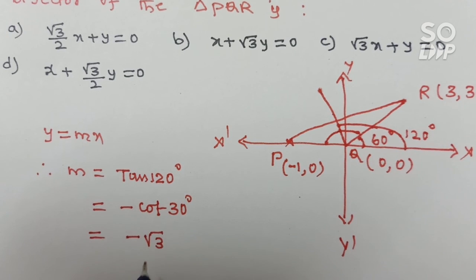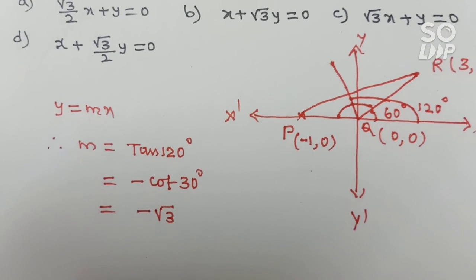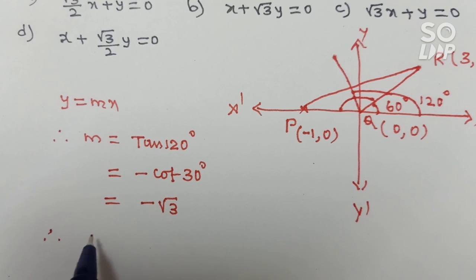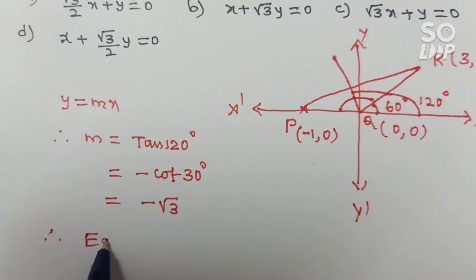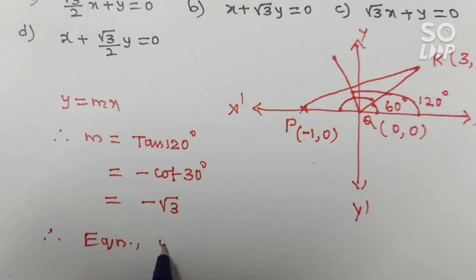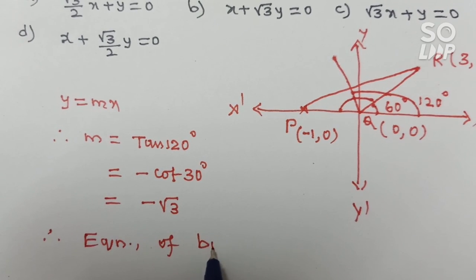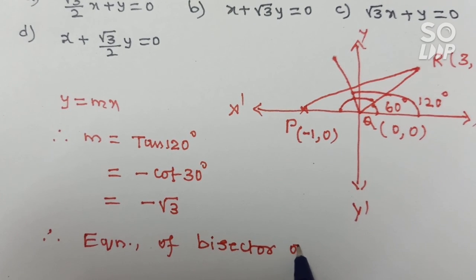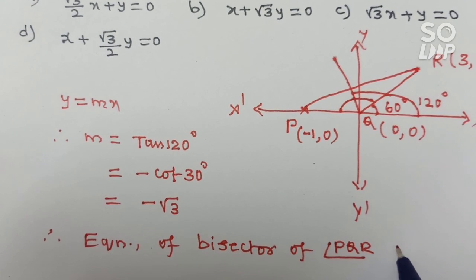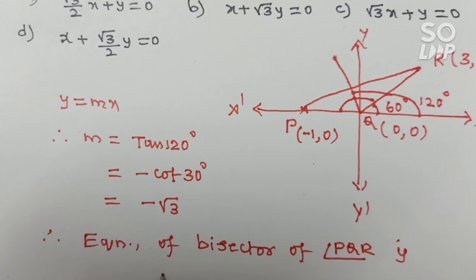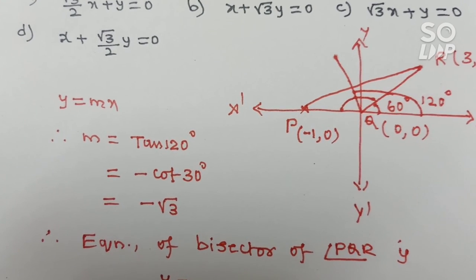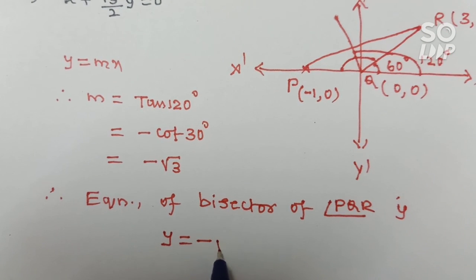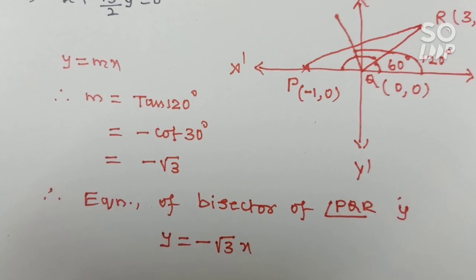So by substituting m is equal to minus root 3 in the above equation, the equation of the bisector of angle PQR is: y is equal to minus root 3 into x.